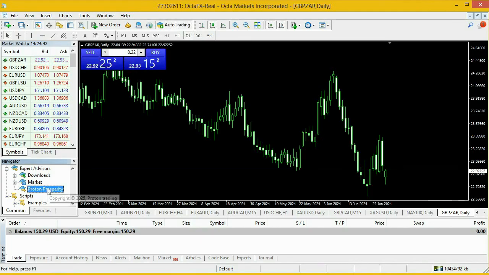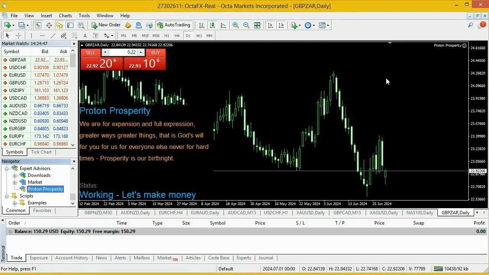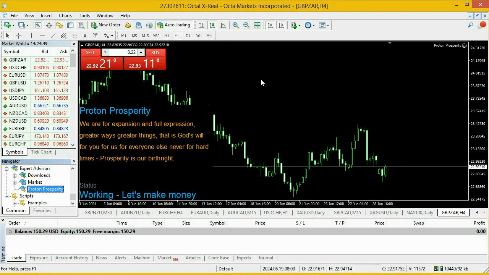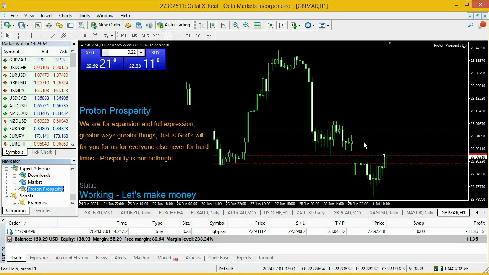We load the expert. Buy position executed. Our stop loss. And take profit.